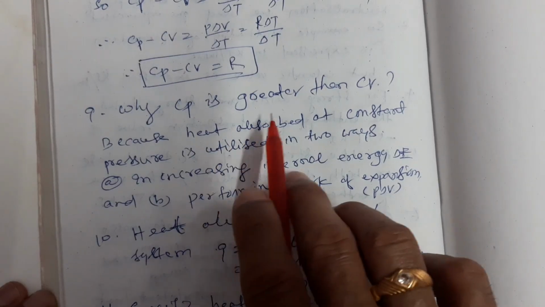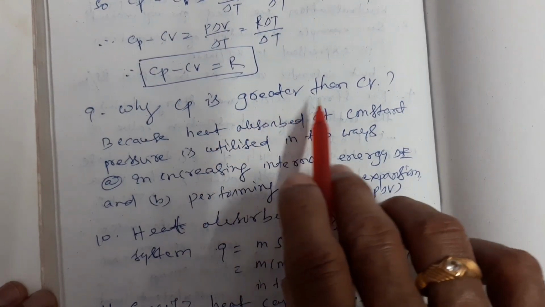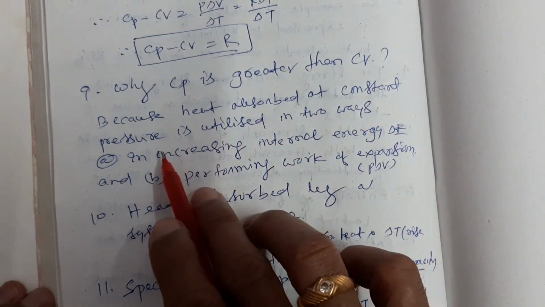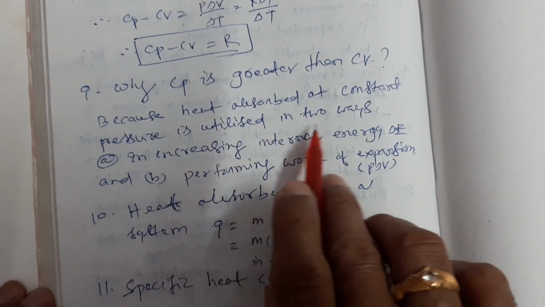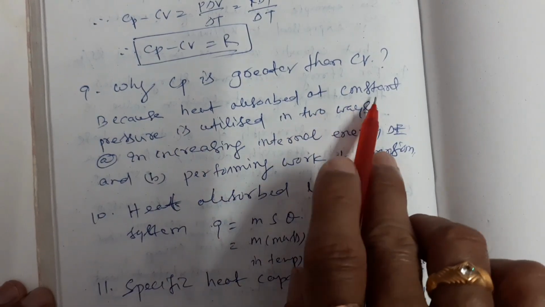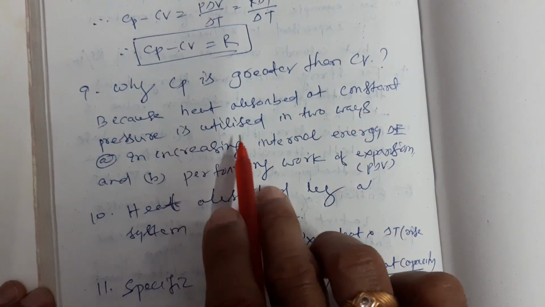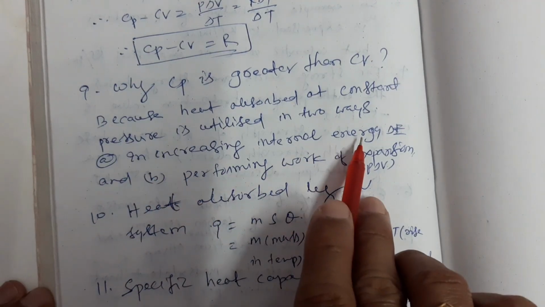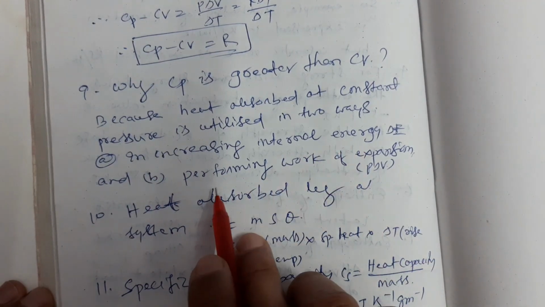So why is Cp greater than Cv? Because heat absorbed at constant pressure is utilized in two ways. One, in increasing internal energy, and second, in performing work.